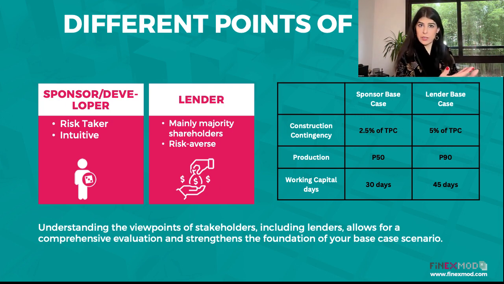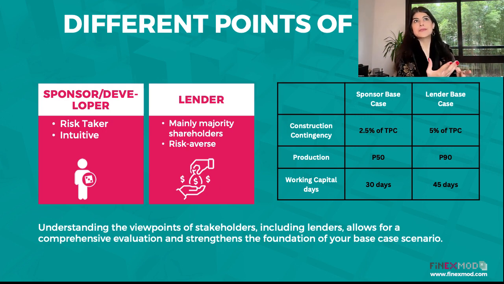And when you're reviewing the financial model from the point of view of sponsors, you need to consider that these people have more appetite for risk, okay, compared to lenders. Lenders are, as I said, risk averse as compared to sponsors, and they are majority shareholders. So they have more negotiation power when it comes to defining the base case.